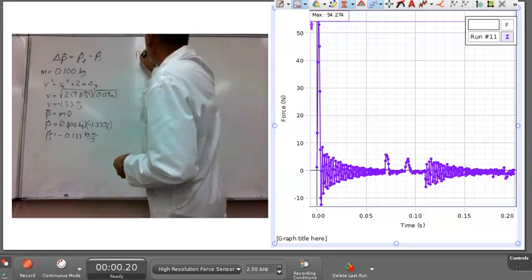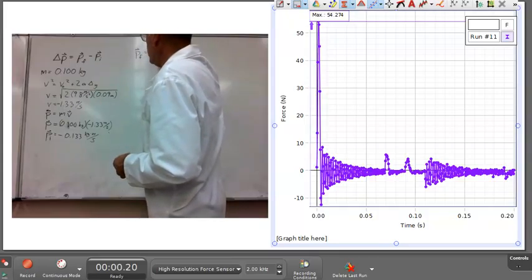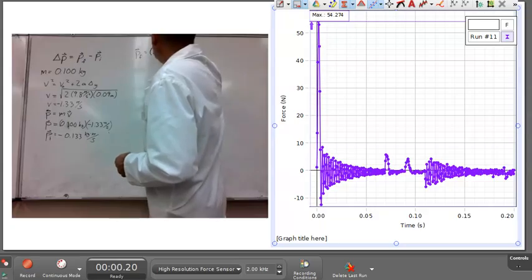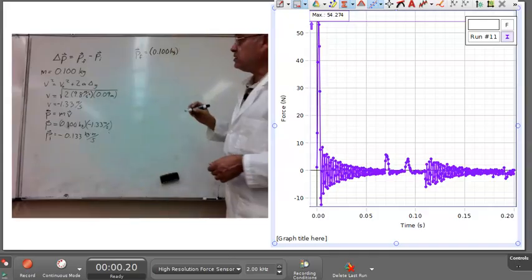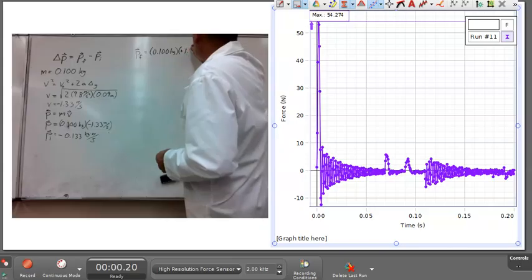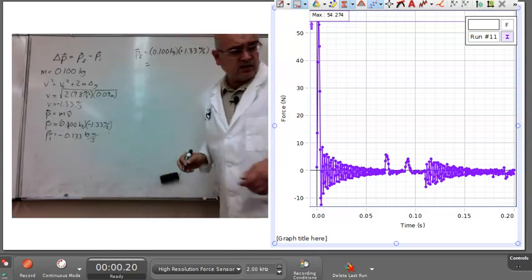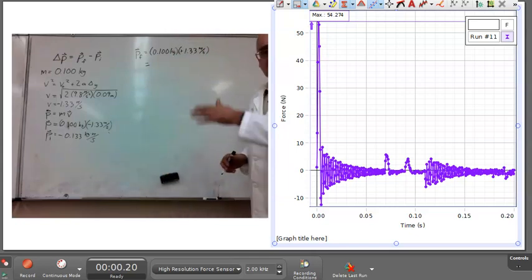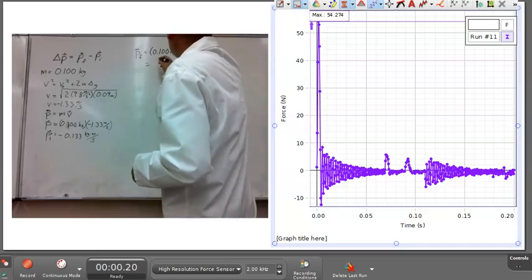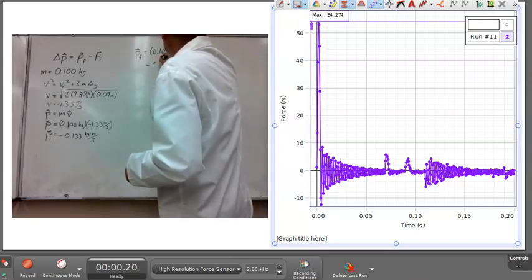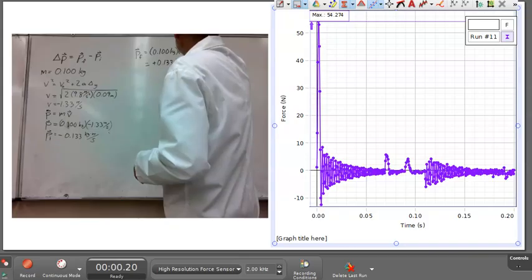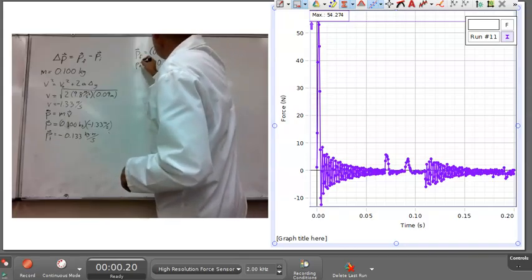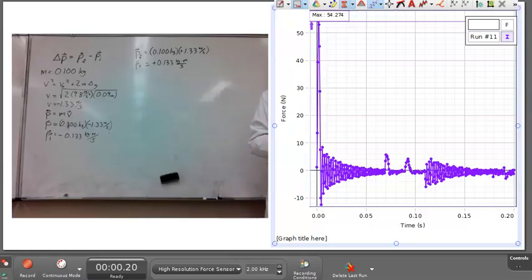That means PF is going to be equal to the mass, 0.100 kilograms, multiplied by the velocity, which is plus 1.33 meters per second. We don't need to break out the calculator, just need to move the decimal place, and we end up getting positive 0.133 kilogram meters per second. This is PF, the final momentum.